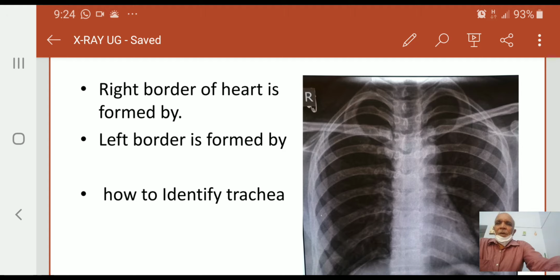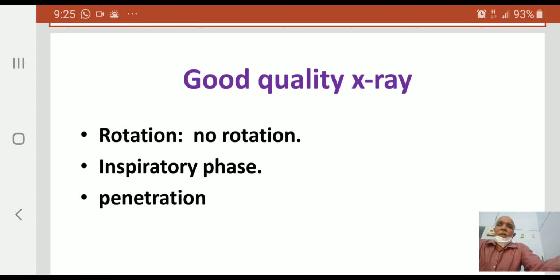Before reading the X-ray, some points should be clear. One is no rotation. The X-ray should be taken in deep inspiration with proper penetration. Then our report is good. If anything is abnormal in these 3 conditions, our conclusion is not proper.